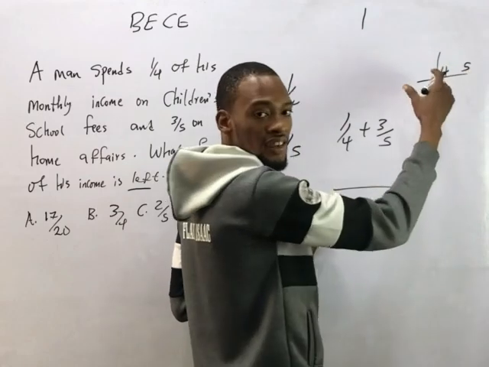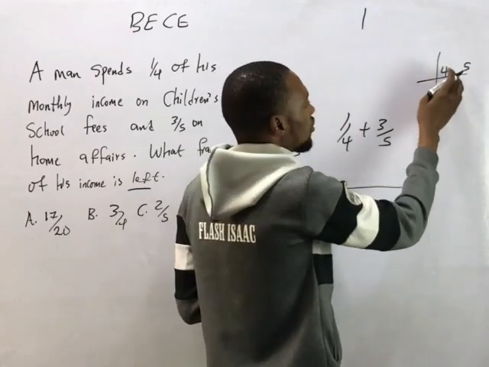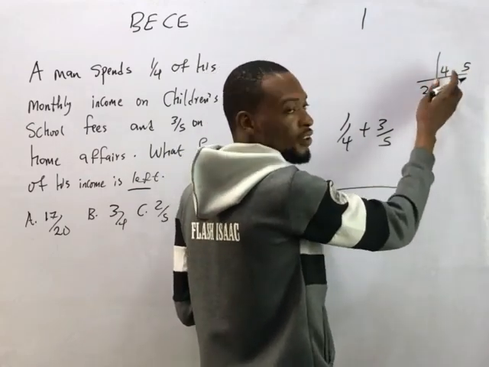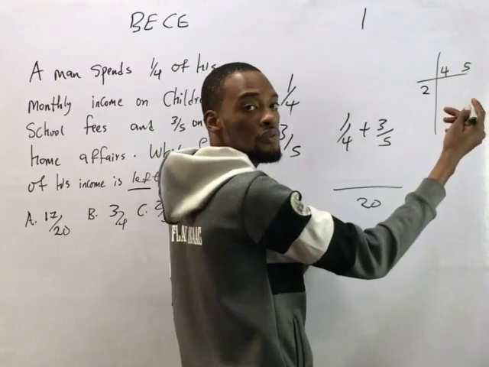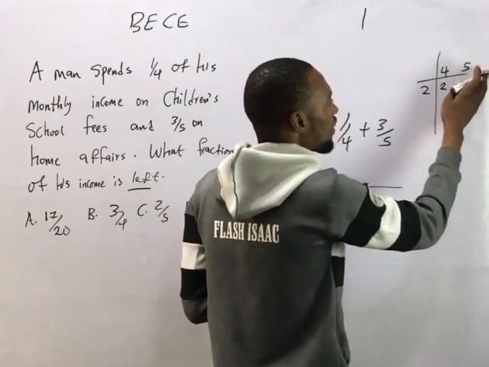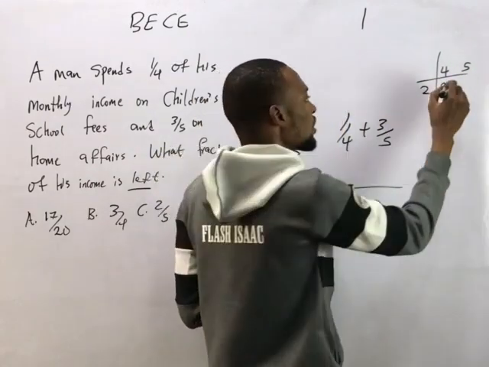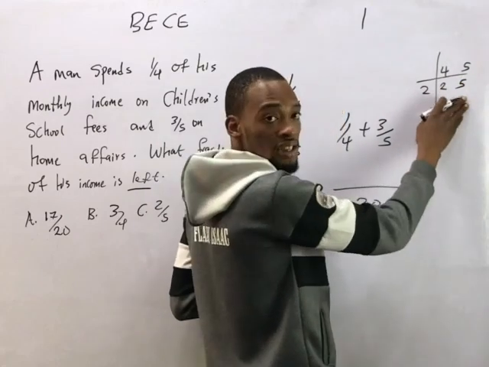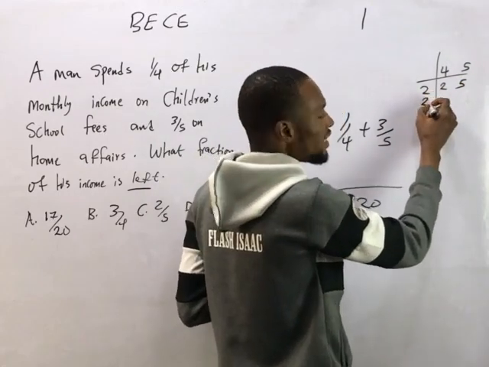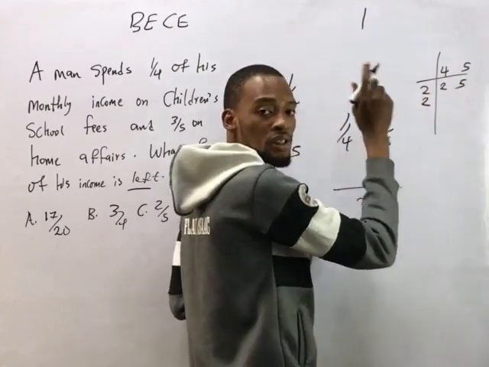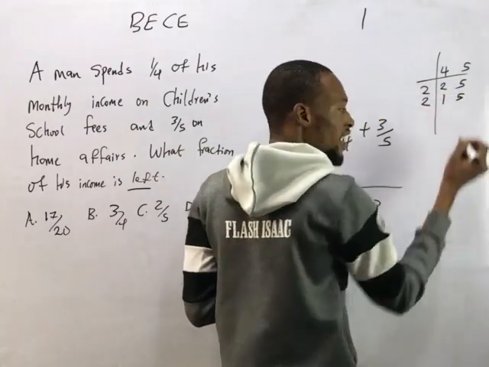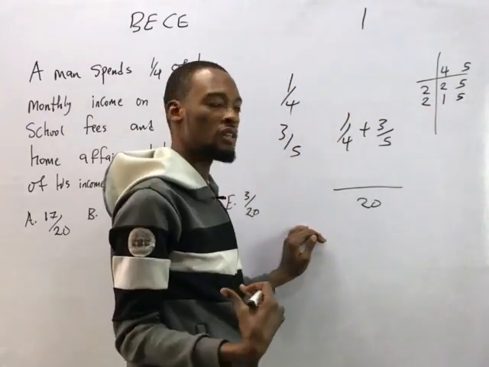So you check what can divide any of them. 2 can divide 4, right? So 4 divided by 2 will give you 2. 5 divided by 2, it won't work. So we'll let it be. 2 can still go, right? So when you put 2 here, 2 divided by 2 is 1. Here remains 5, because 5 divided by 2, you have fraction.